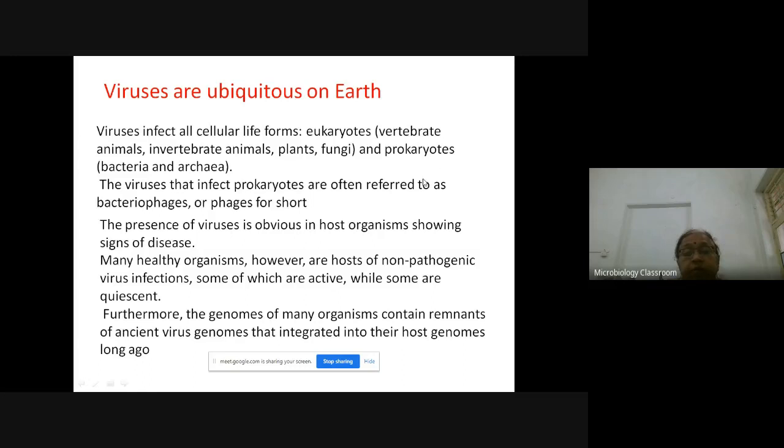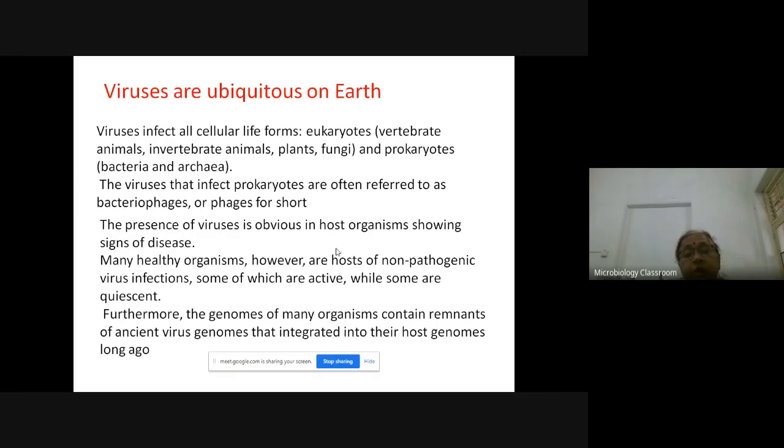The presence of these viruses is obvious in the host, and they show some signs of disease. But there are many healthy organisms which are infected with viruses, and these viruses are non-pathogenic also. It is not that all viruses are pathogenic, just like all bacterial cells are not pathogenic in nature.